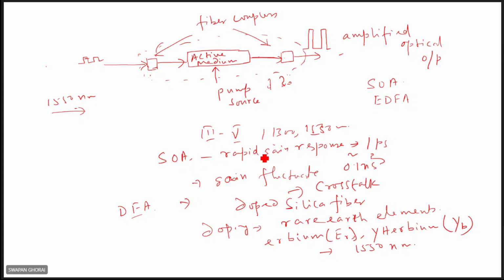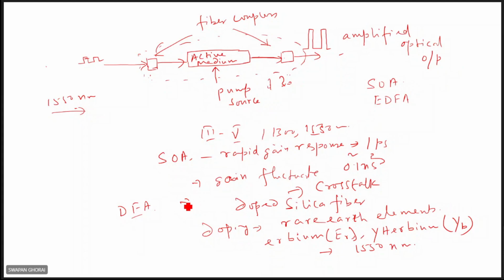Here, the gain response is rapid, in the range of 1 picosecond to 0.1 nanosecond. But this also has a disadvantage. If the response is rapid, then the gain can fluctuate and it will produce crosstalk, particularly when you use several wavelengths.